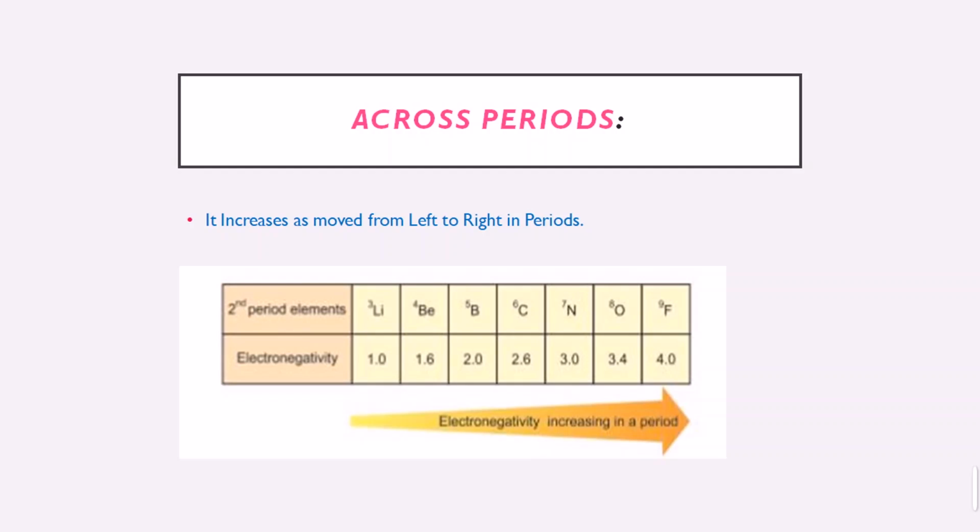On this scale, fluorine is the atom with the highest electronegativity value, which is 4. So it increases more and more as we move from left to right in a period.